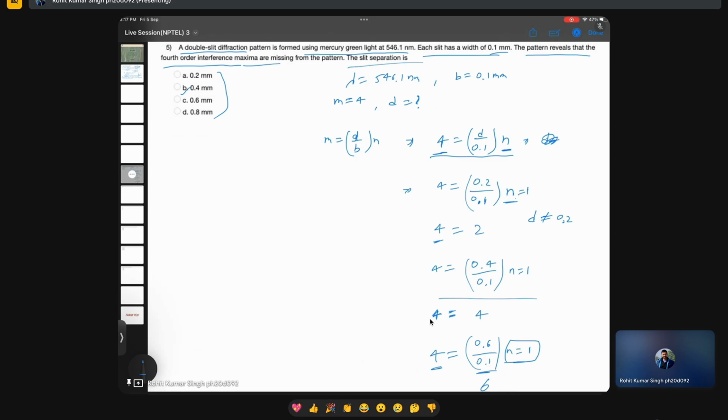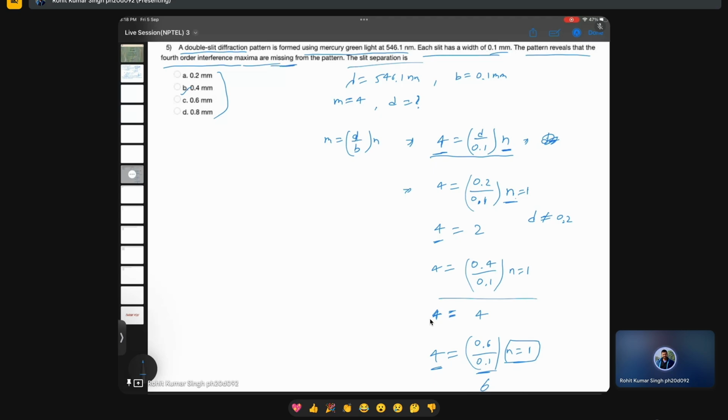But sir, for the first option, we can put n equal to 2. For that it satisfies, right? Yeah, you're right, but you have to check for the lowest order of n, because see, the fourth order is missing, right?